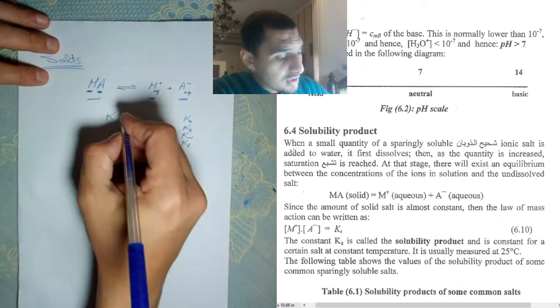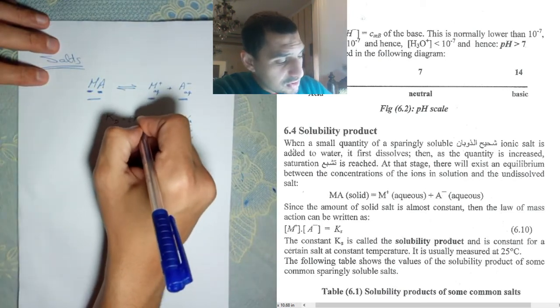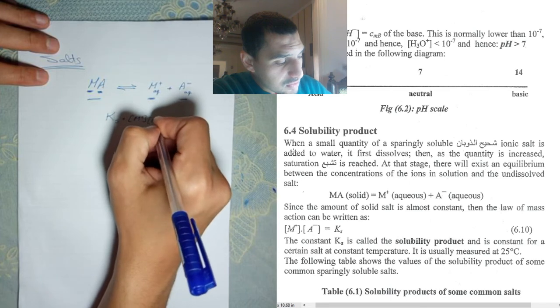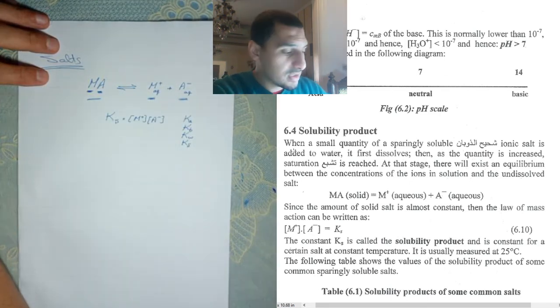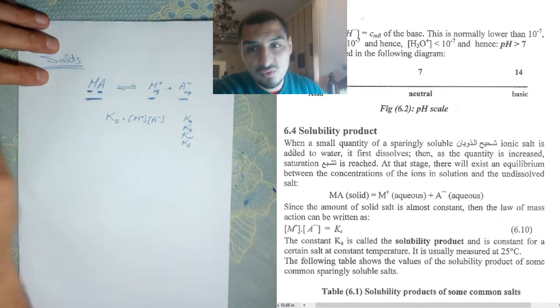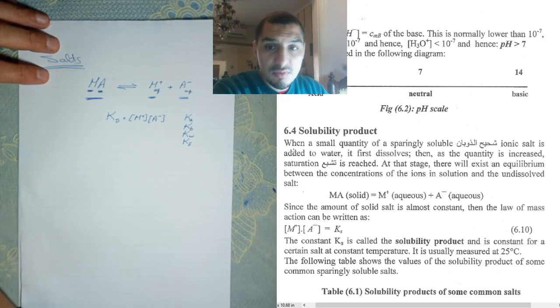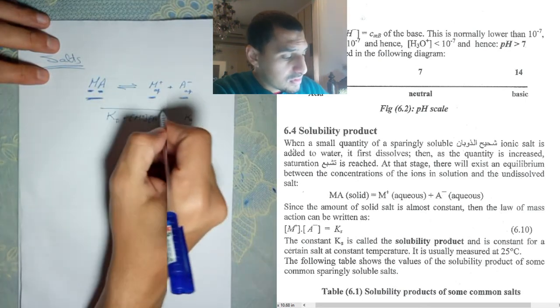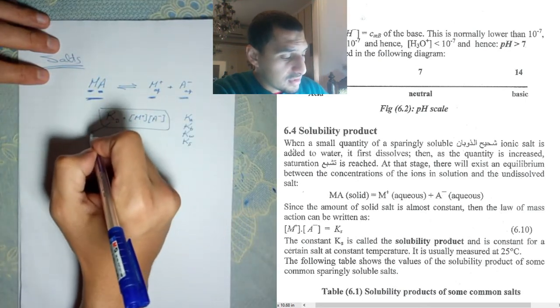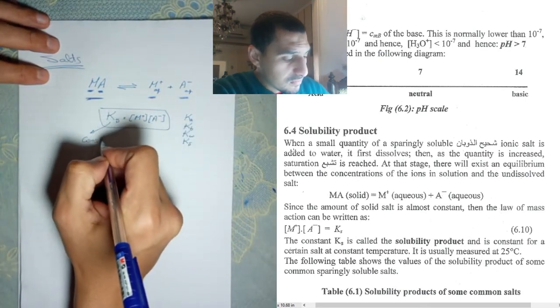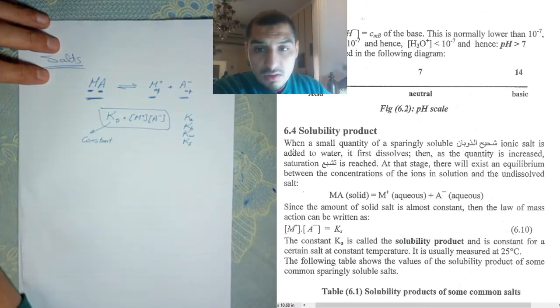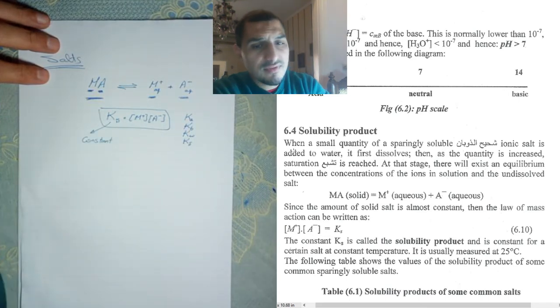The Ks is going to be the concentration of M plus multiplied by the concentration of A minus, and again, the solid is insoluble in water, so it's not going to be part of the equation. Again, as we always say, K is constant, and it's usually measured at 25 degrees, as we did in water.